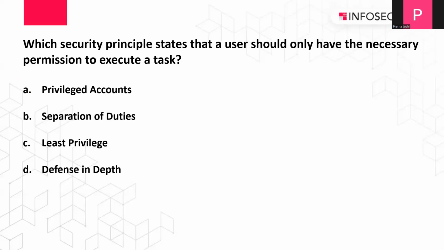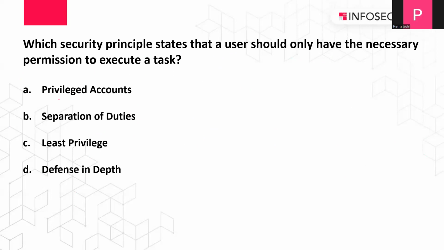The next question says: which security principle states that a user should only have the necessary permissions to execute a task, right? So here we have options like privileged account, separation of duties, least privilege, and defense in depth.